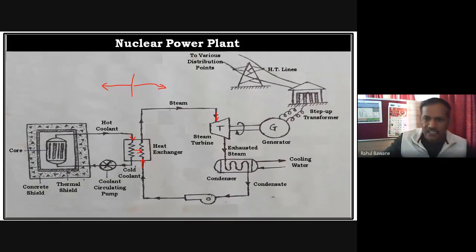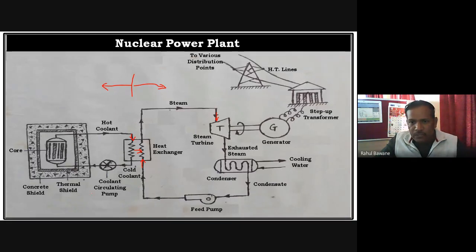Now this condensate is fed back to the heat exchanger again. No doubt, if the quantity of this water is reduced, because there may be chances of leakage of steam and so on, then we supply fresh new water along with this condensate. But we have to recirculate this whole system.